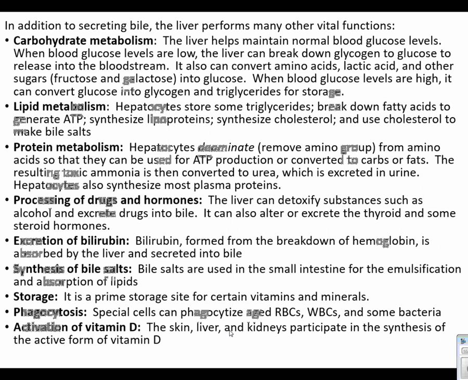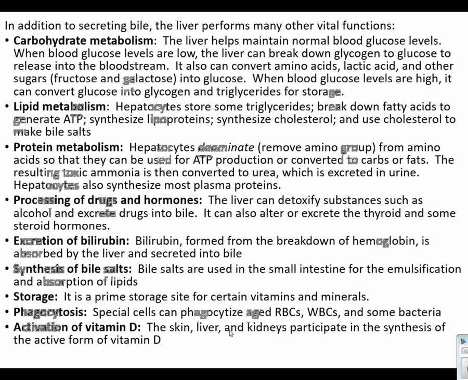When our blood glucose levels are low, what we call hypoglycemia, we can break down glycogen to glucose that's stored in our liver to release it into the bloodstream. We call that process glycogenolysis. It can also convert amino acids, lactic acid, and other sugars into glucose, a process that we call gluconeogenesis.